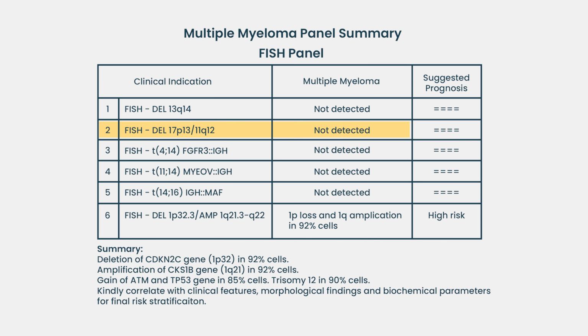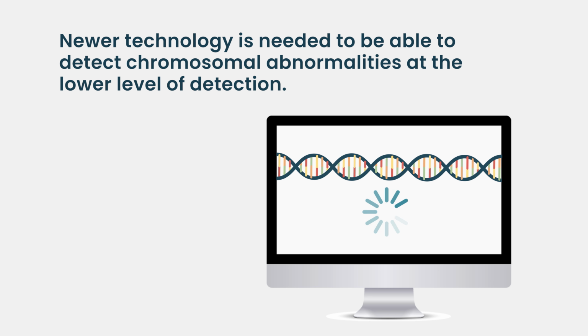So yes, it is quite possible that initial FISH reporting at the time of diagnosis may not pick up all translocations or mutations because it may be below the limit of detection of that particular test. This underscores the point that there have to be newer technologies that are able to capture mutations and translocations at the lowest possible limit of detection, so that we are able to capture even the presence of that translocation or mutation to keep an eye on things.